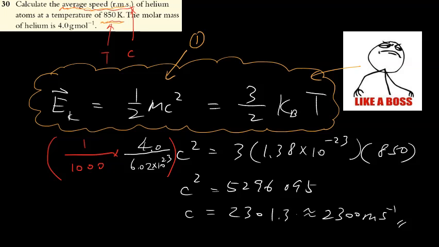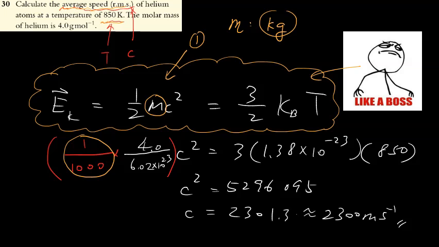But pay attention to the details. Remember this is calculating KE, and if you remember what you learned in energy, the unit for mass is always kg, so the mass that you substitute should be in kg as well. Therefore you need to divide by 1000 here.